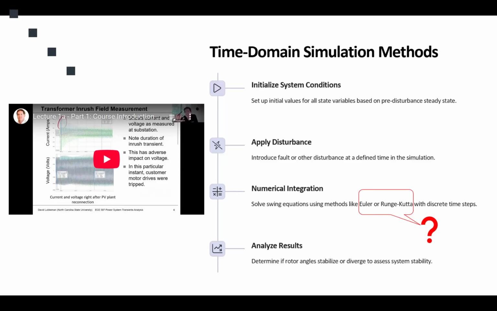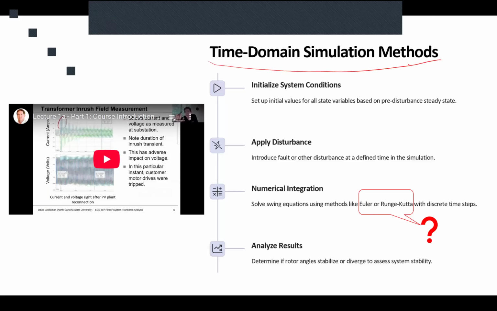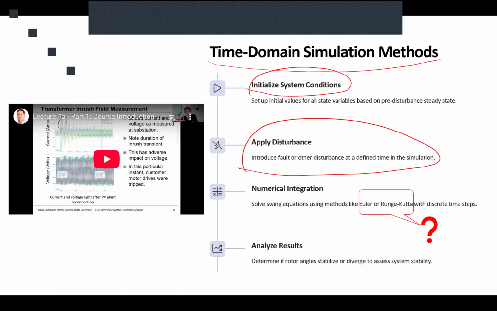What we are going to do is set up a time domain simulation method with initialized conditions, which are the steady states before the fault, and then apply the disturbance to that steady state. What is the disturbance? We have the steady states, meaning PM is constant, PMIs are defined, and PEIs are the initial condition.